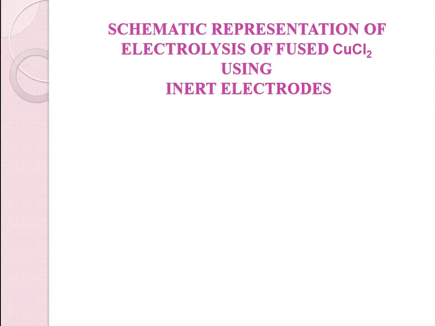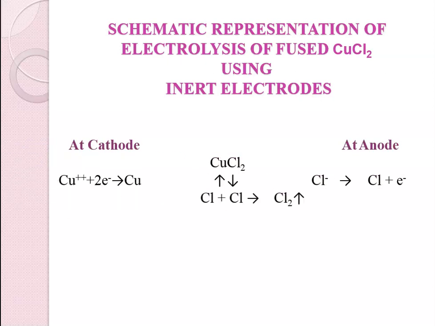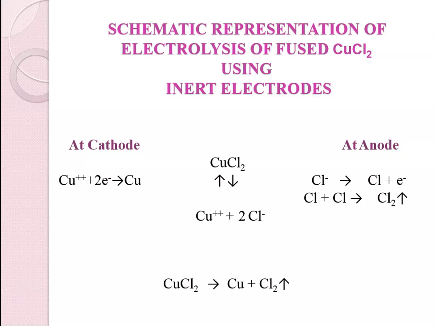How do we write this reaction? In a similar way. You will have the anode, the cathode, you will show the ionization of the electrolyte and the reactions which happen at the anode and the cathode. So copper chloride ionizes, giving you copper ions and chloride ions. Chloride ions go to the anode, get discharged.